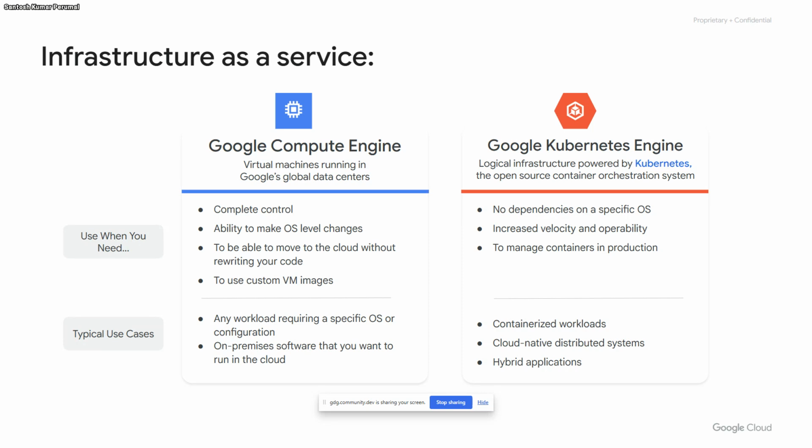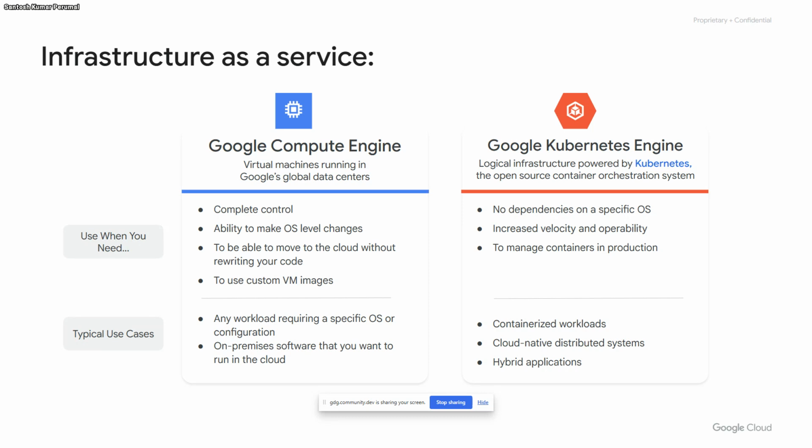And infrastructure as a service has multiple options that we saw, like Compute Engine, Google Kubernetes Engine, and a couple of other options. There are different scenarios and use cases for each one of them. Kubernetes Engine is for containerized workloads, and it is also used for hybrid applications. If your application is on-prem and in cloud, GKE has a couple of other options to do that as well.